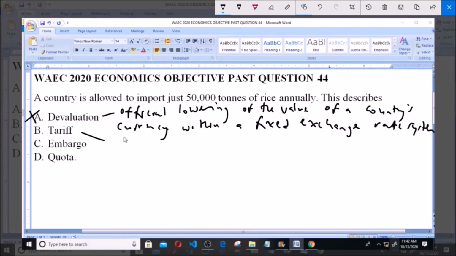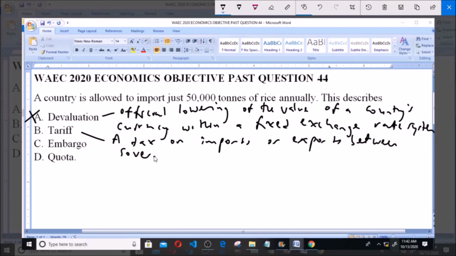Now option B says tariff, and tariff is a tax on imports or exports between sovereign states. As you can see from the scenario, it has nothing to do with a tax on imports or exports. So option B, tariff, is not the correct answer.